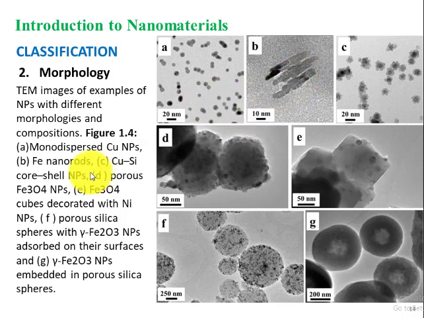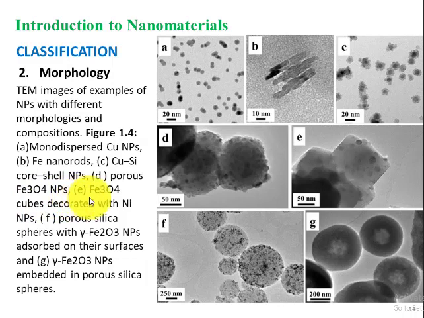Figure B represents iron nanorods, and similarly in figure C it can be seen copper, silicon core shell nanoparticles. Core shell nanoparticles will be described later. Similarly in figure D, porous iron oxide nanoparticles.